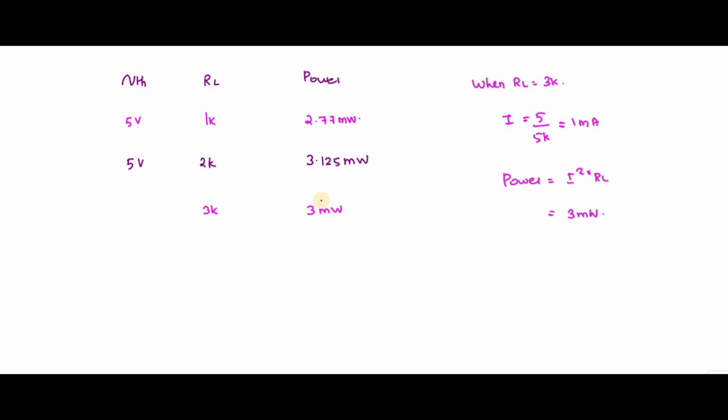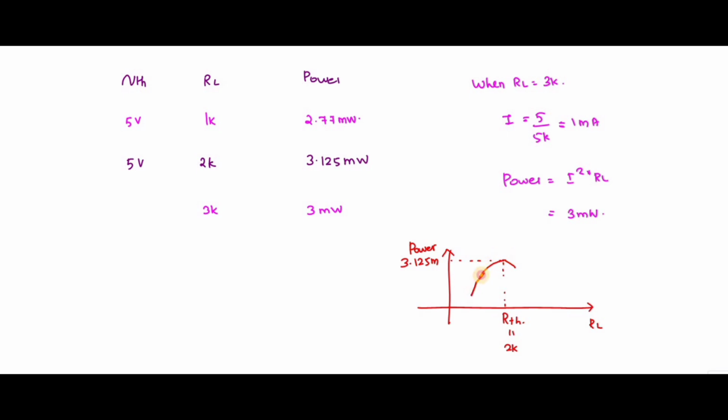So if I plot a graph between this power and RL, we will get the maximum value only at RL equal to RTH. And here the RTH value is 2K, right? At 3K you will get 3, and at 1K you will get 2.77.